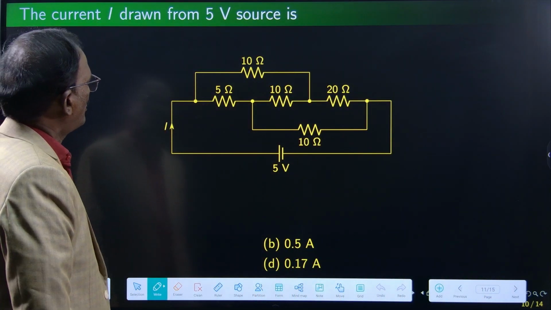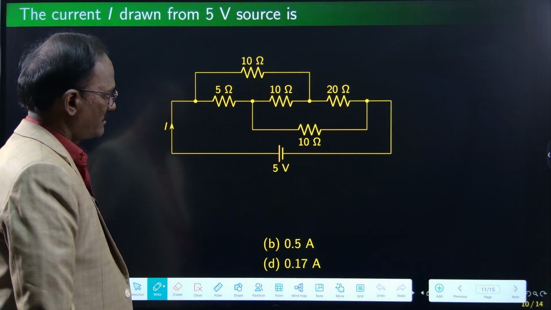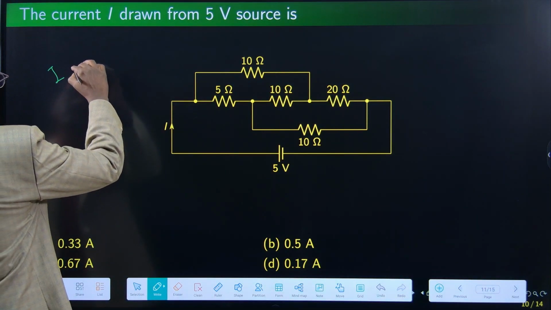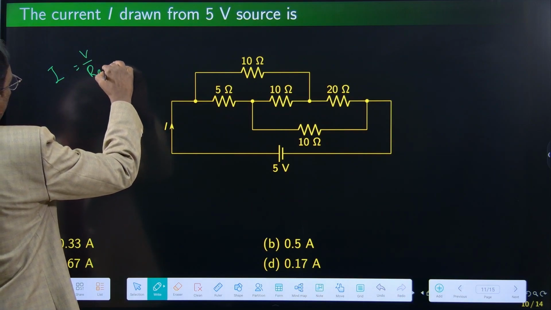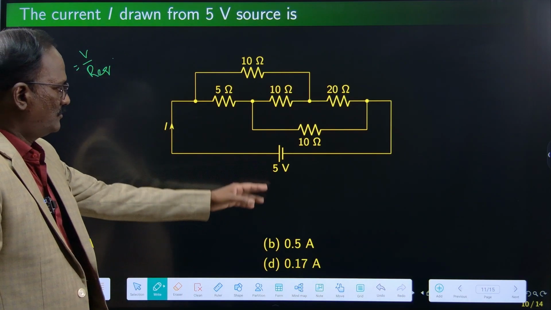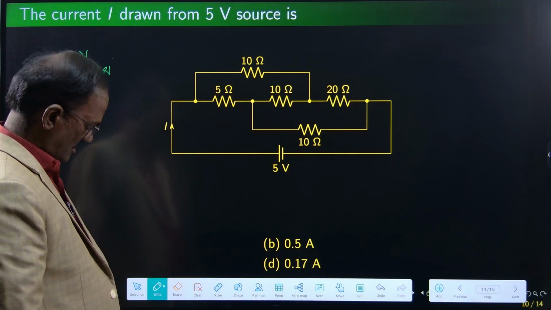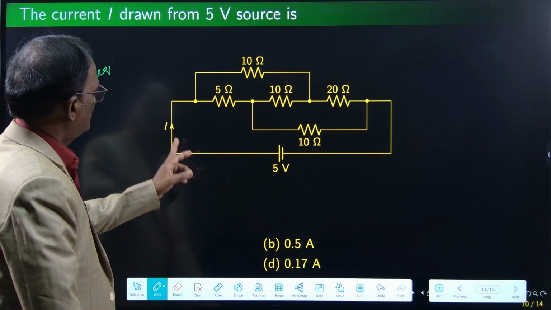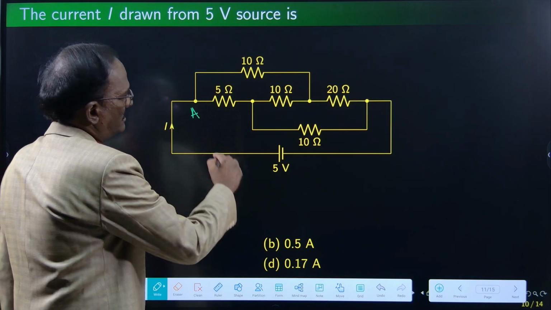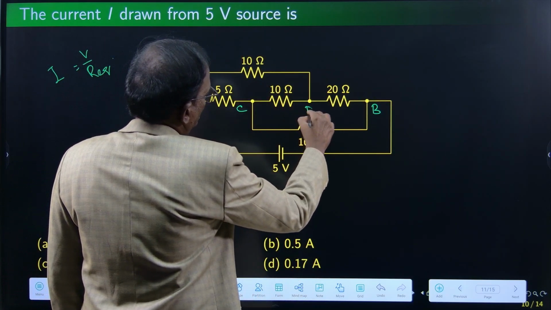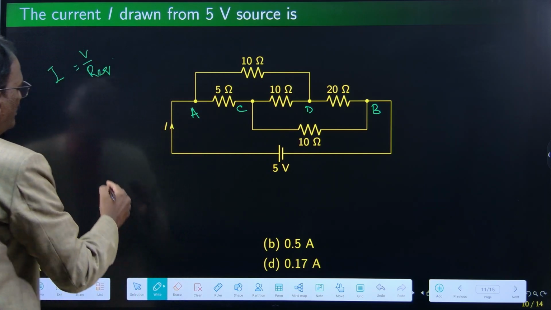The current I is drawn from the voltage source. So find R equivalent and you find I, V divided by R equivalent. Voltage is given, so the first step is to find the R equivalent. This is A and let it be B, and this is C and this is D. Let us redraw it.